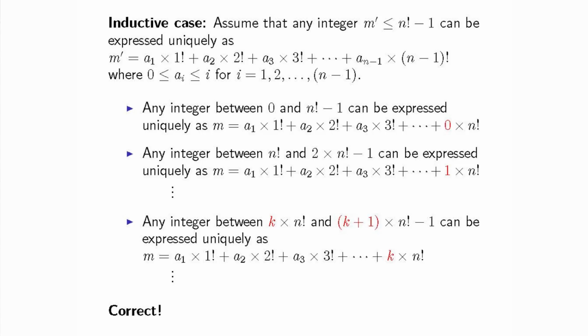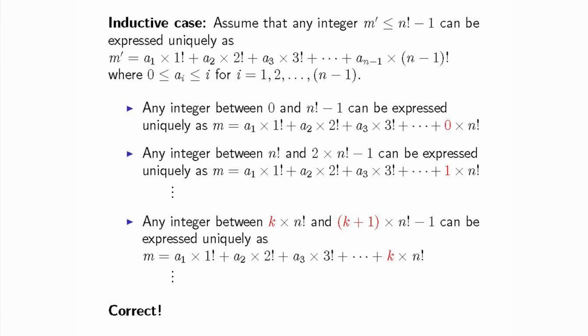So finally, we get the range from k times n factorial to k plus 1 times n factorial minus 1. In this range, we can express it as some a1 times 1 factorial, a2 times 2 factorial, a3 times 3 factorial, all the way up to k times n factorial. For every two numbers in the same group, they will have different a1 to an minus 1 combinations.